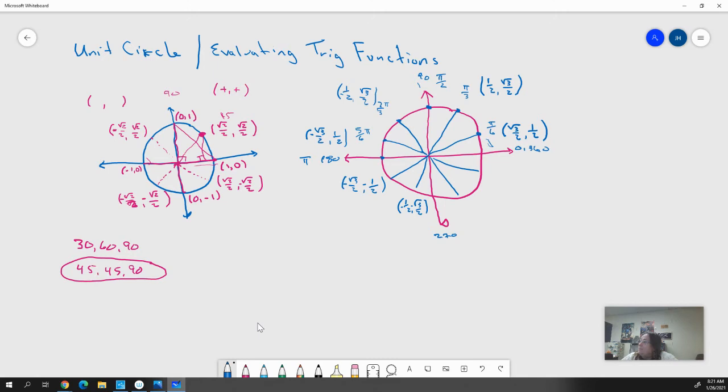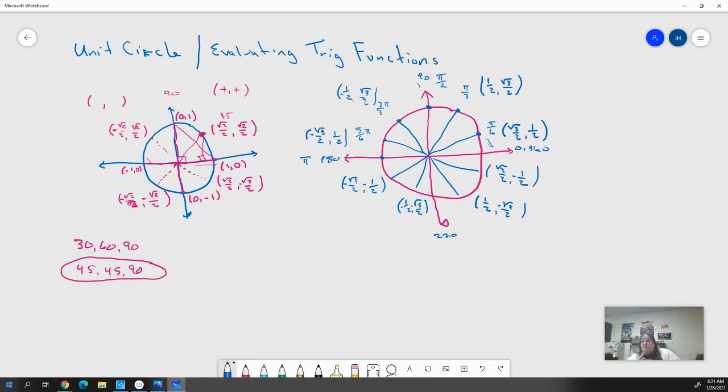Here, think of it as counting from this line, right? We're going to have the same thing. We're going to have radical 3 over 2 and then 1/2. And in this one, we'll have positive x's, but negative y's, right?